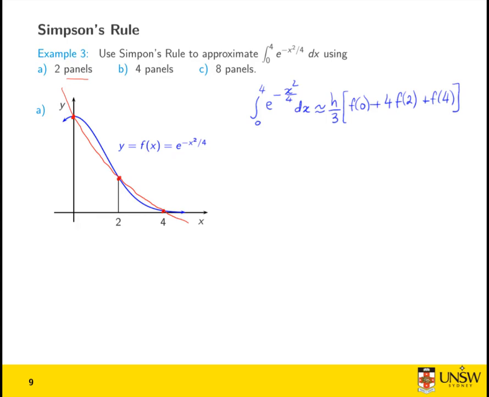In this formula, h is the width of a panel. It's this, so h is 2. So this is equal to 2/3.